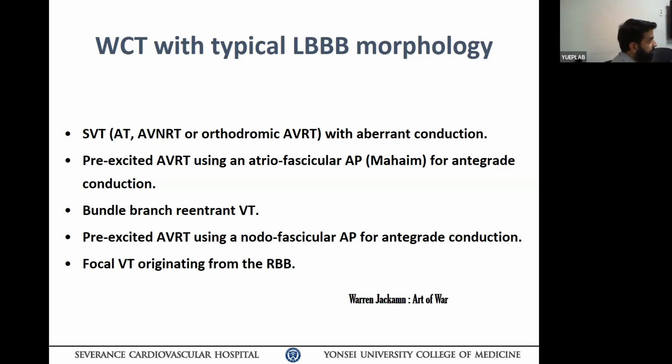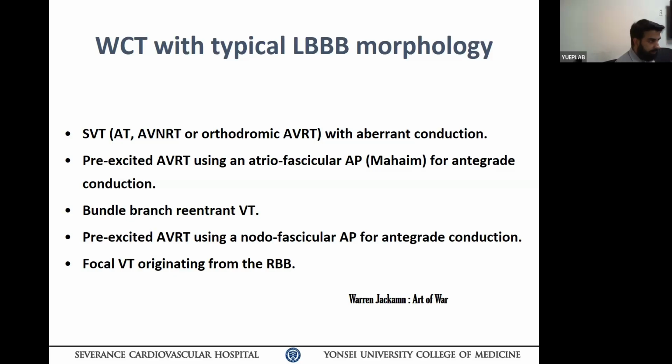Yesterday there was a case of LBBB morphology tachycardia that turned out to be a concealed orthodromic AVRT from the left side. So a typical example. Second is a pre-excited AVRT using an atriofascicular or Mahaim fiber for antegrade conduction. Third is a bundle branch reentrant VT. Fourth is a pre-excited AVRT using a nodofascicular pathway for antegrade conduction. And fifth is a focal VT originating from the RVOT. So we should list all of those differential diagnoses, right? Mm-hmm. These are the differential diagnoses.